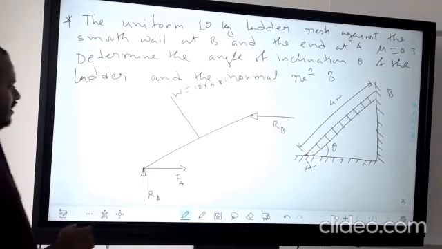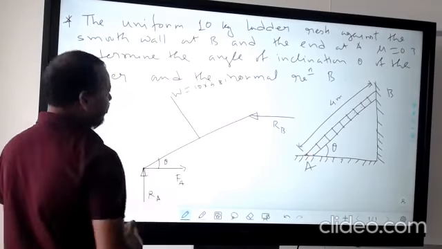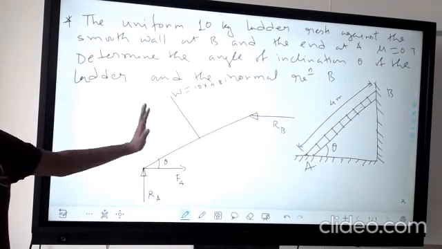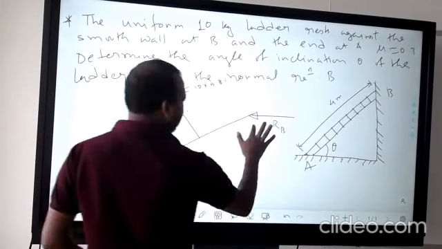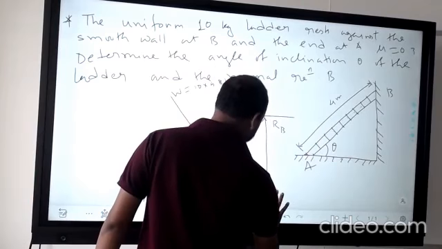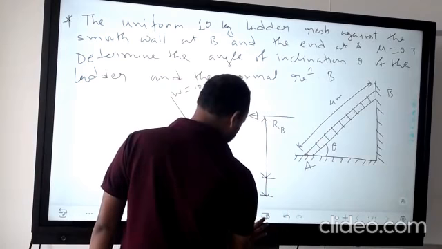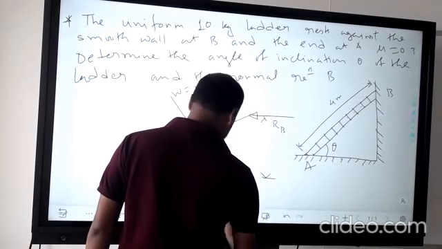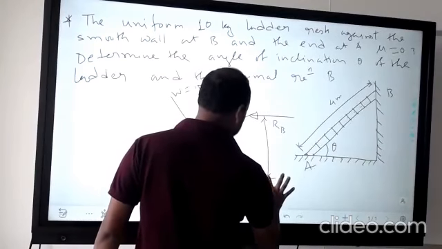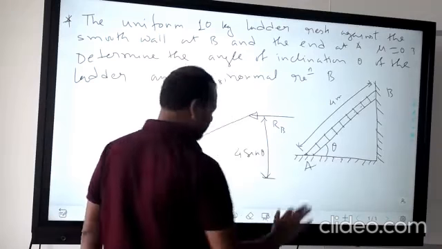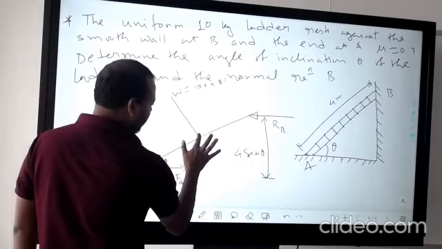Now we have to take this angle as theta, same way. So the 4 meter we will split. In the vertical direction, this will be your 4 meter sin theta. Let's say this is your centroid.